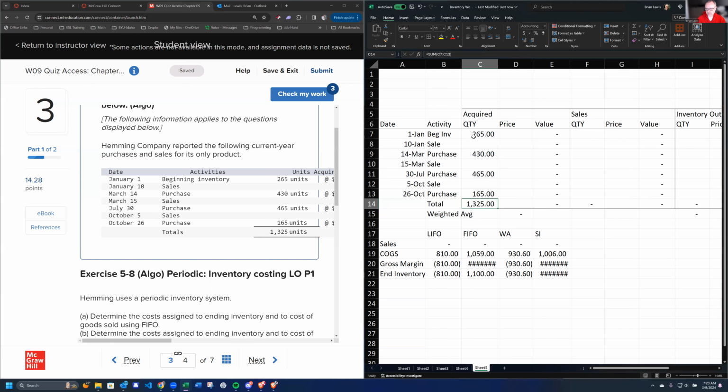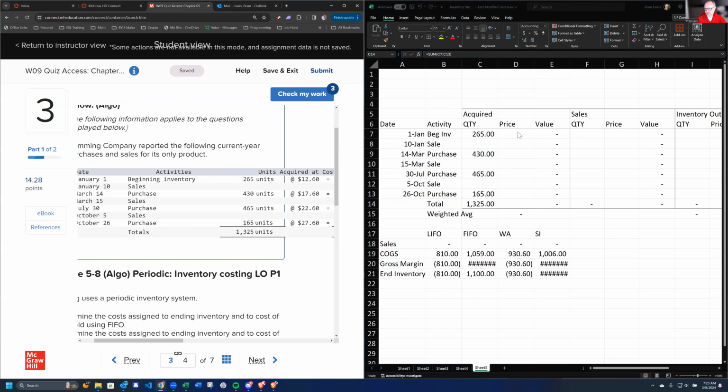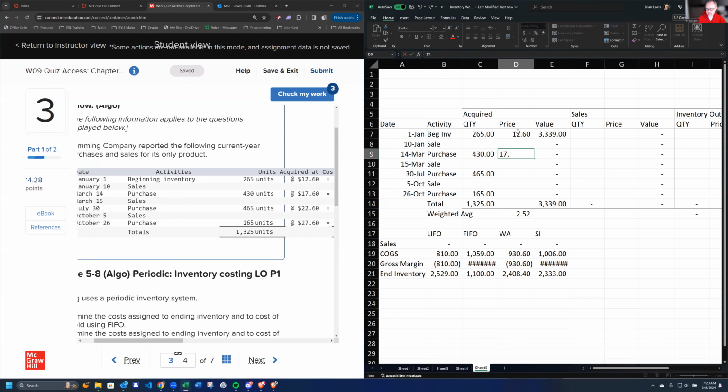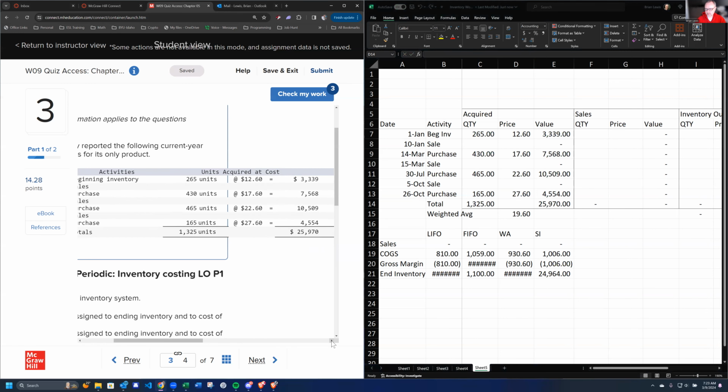So a total of 1325 units. They were acquired at 1260, 1760, 2260, and 2760. So they should have the same values that they had here, 25,970.